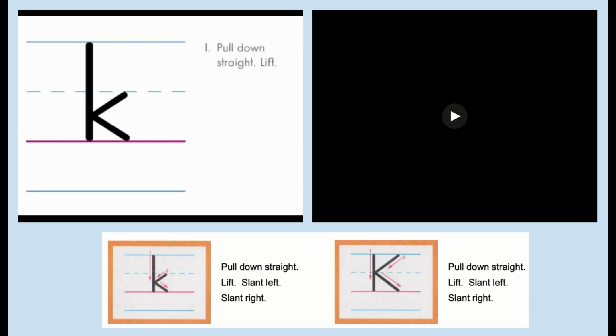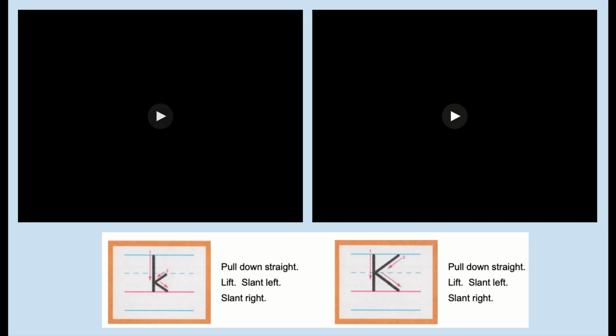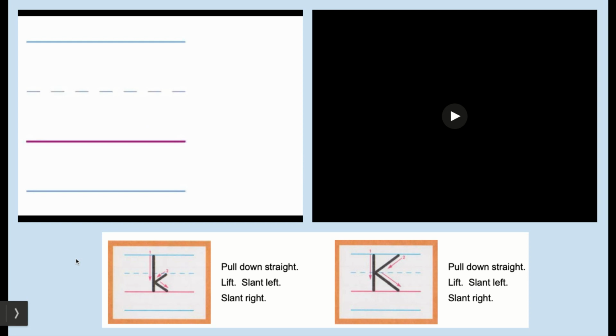Lowercase k. All right, pick up your pencil and let's make a lowercase k along with the video. 1. Pull down straight. Lift. 2. Slant left. Slant right. Lowercase k.